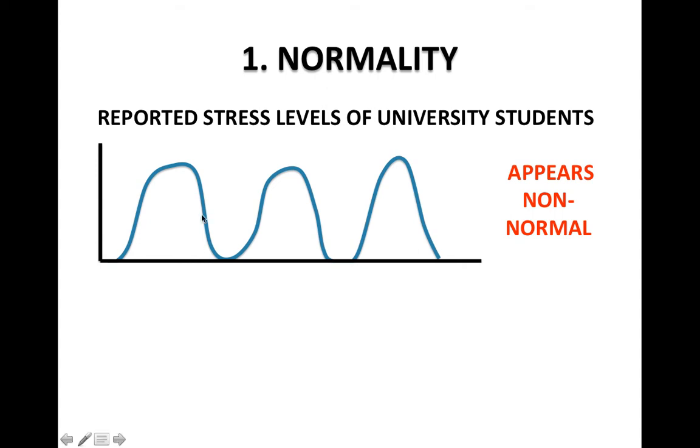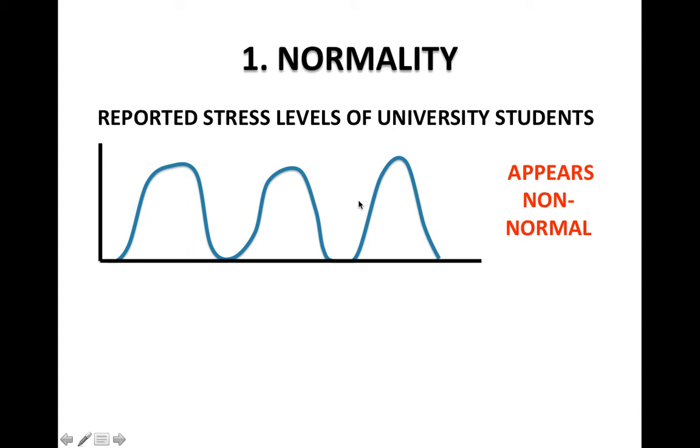So here's an example. We have the reported stress of university students. If we were to just plot all of our university student stress levels, we see that there's some low, and then it spikes about here, and then it drops off again. Let's say this is like a 2 out of 10, and then it dips again, and then 5 out of 10, etc. And so we see here there's waves.